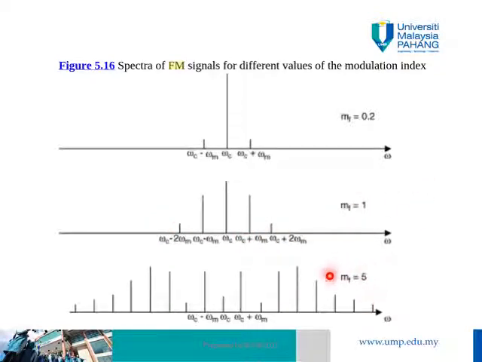If the modulation index is equal to 5, we have many sidebands above and below the carrier frequency. How do we determine this? We can determine it from the table of Bessel functions.